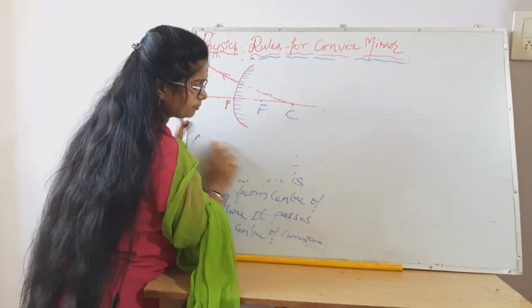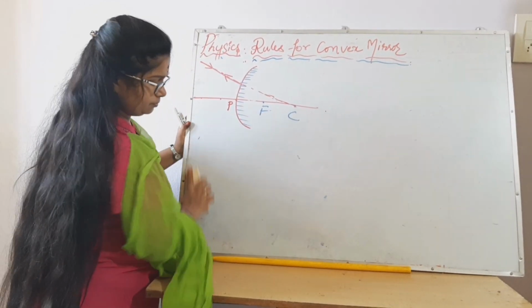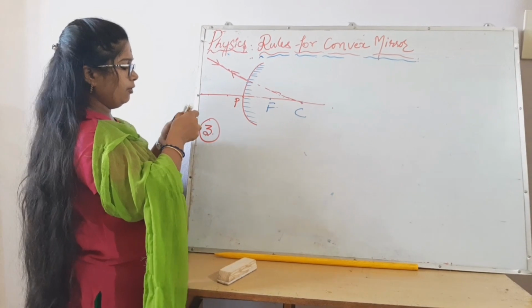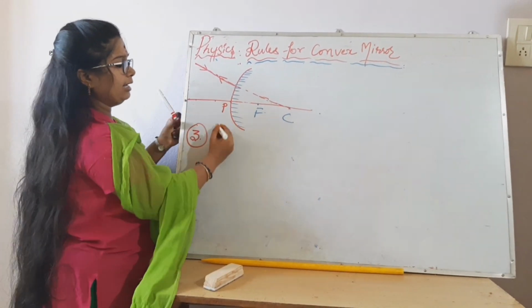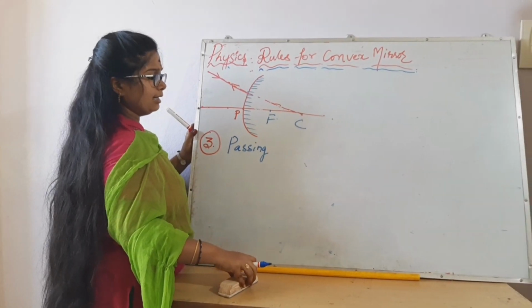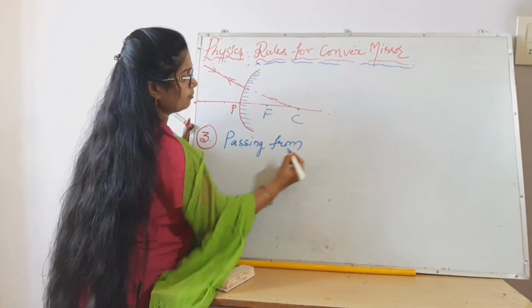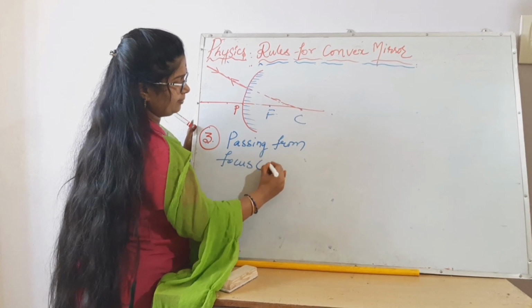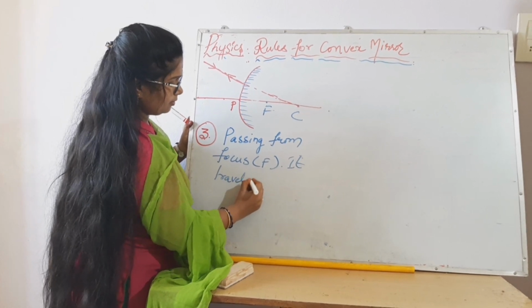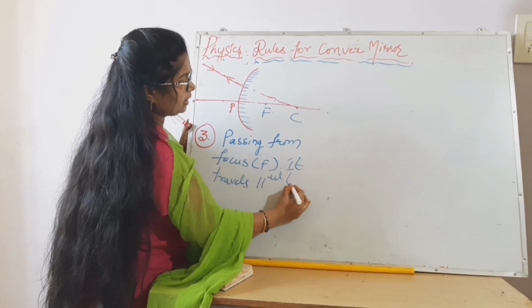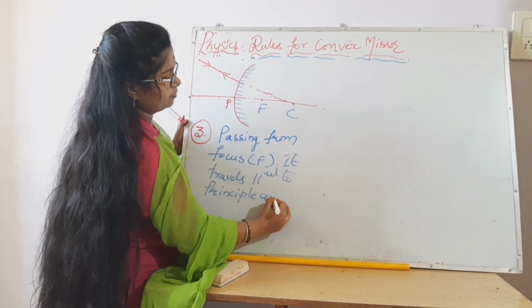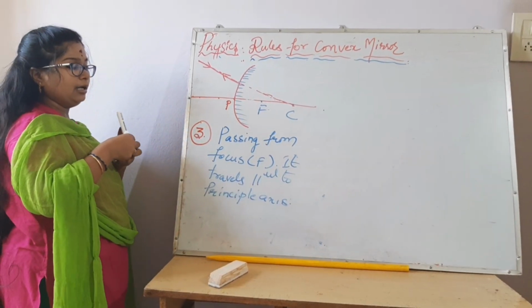And third rule. Third rule is that when a ray is seen to be passing through focus F, it seems that it travels parallel to the principal axis.